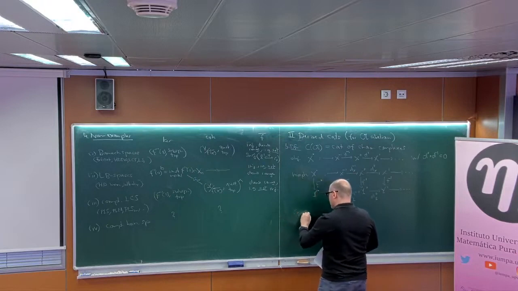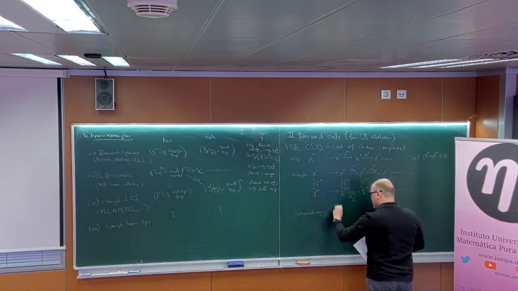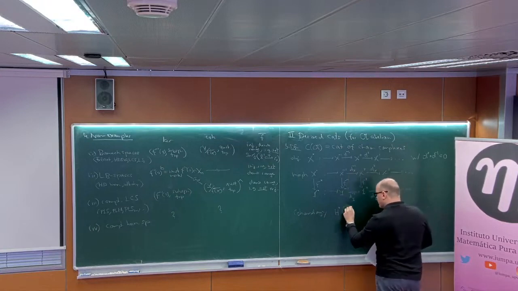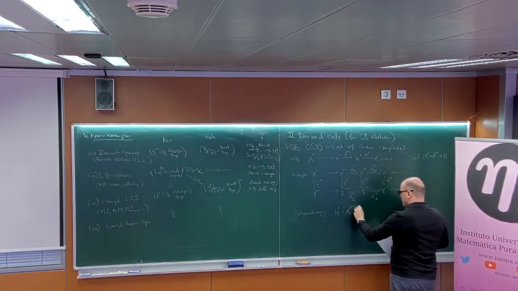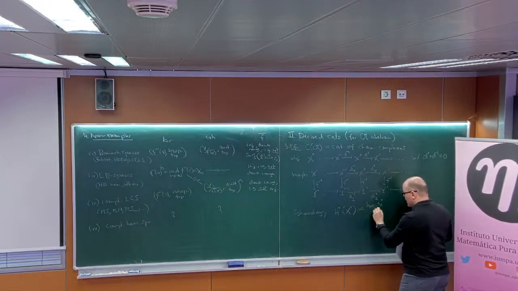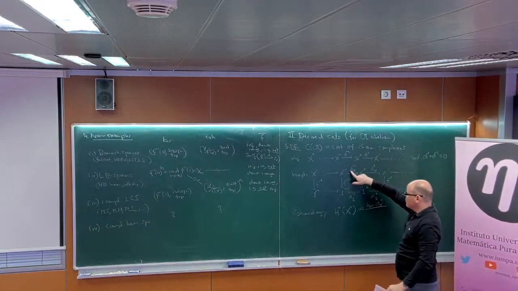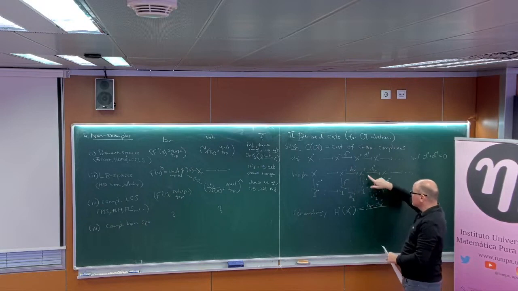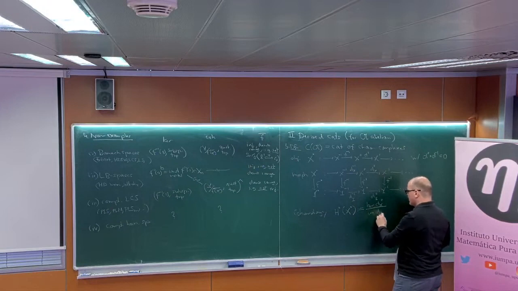And then you can define for such a complex the cohomology. I only write it down in degree 0, but you can take the other degrees as well. So you take the kernel of dx0, and by that condition, the image is contained in the kernel of the map before, so you can mod out the image of dx minus 1.